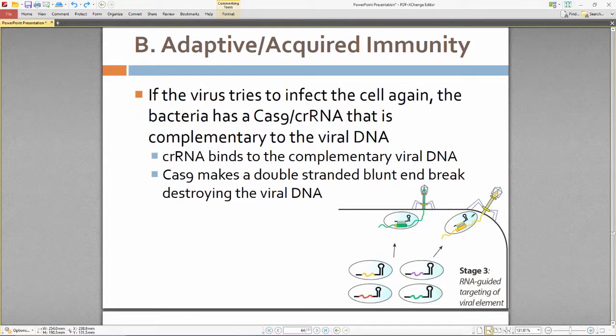So when this, let's say, green virus comes and injects its viral DNA again, CRISPR RNA binds to the complementary viral DNA, and then Cas9 makes a double-stranded blunt end break, destroying the viral DNA and basically rendering it harmless.